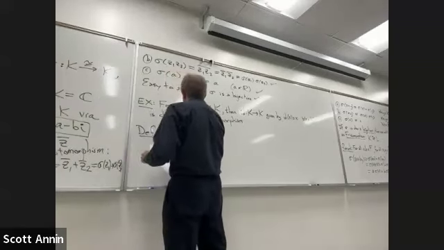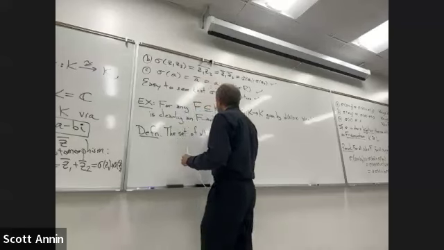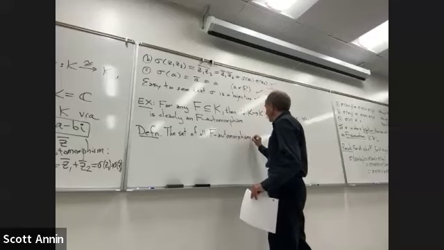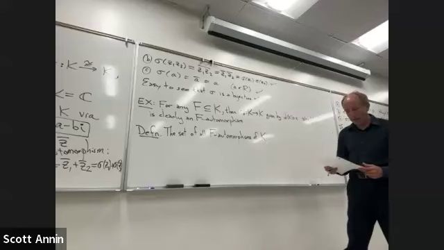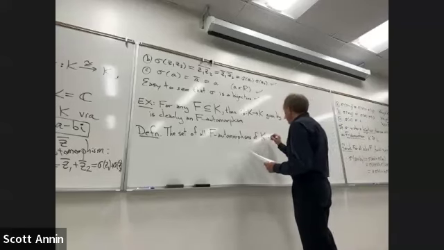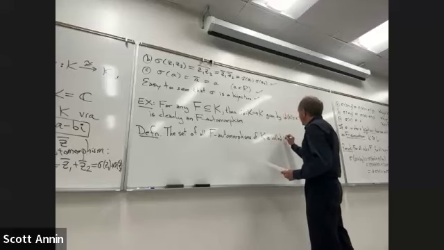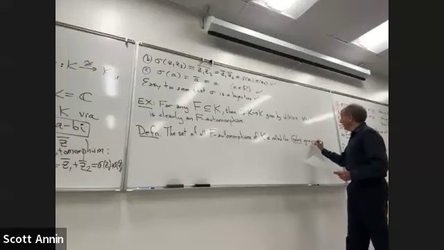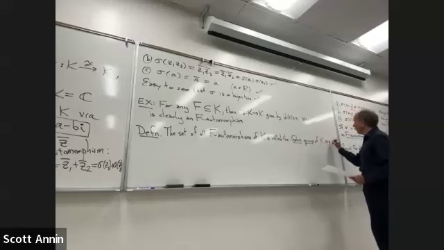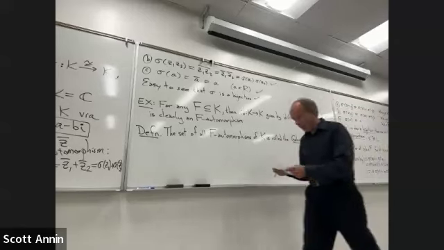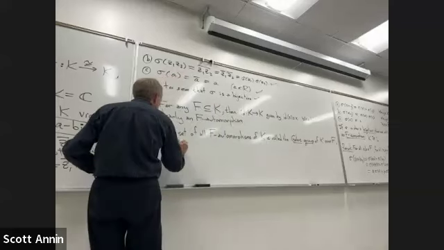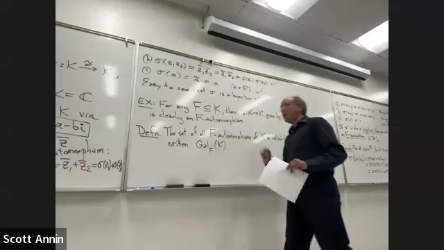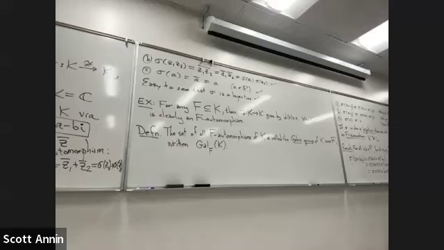The set of all F automorphisms of K is called the Galois group of K over F. And this would be written, I hinted at this earlier, but now we'll get it into the formal notes here, Gal of K with a subscript of F on it.